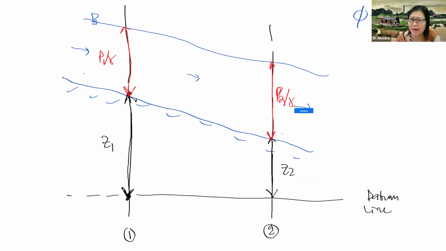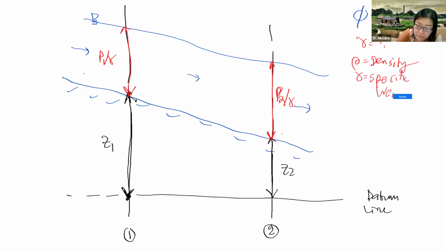What is gamma? Everyone should know gamma. Rho is the density, right? Gamma is the specific weight, which is equal to rho times g.